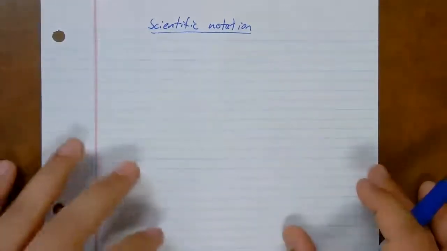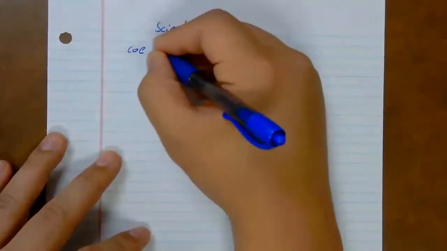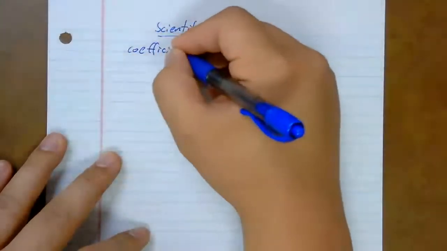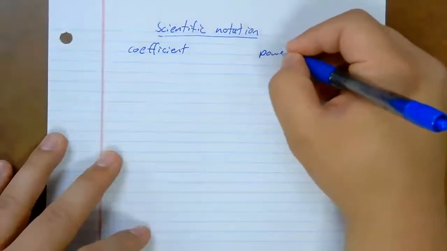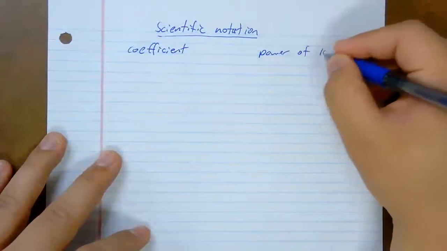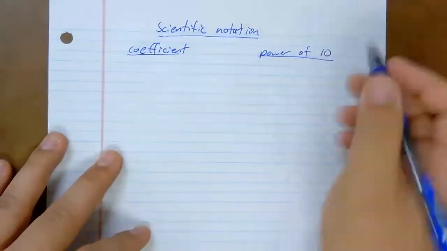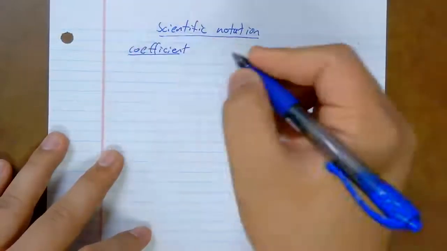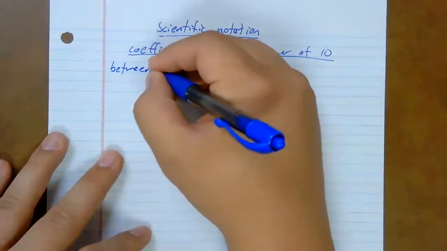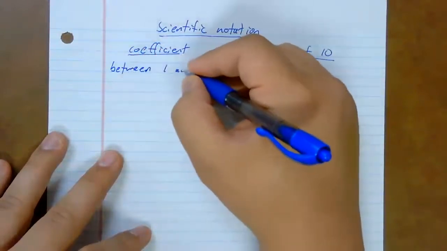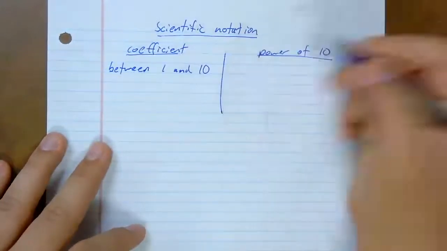Okay. There are two elements to scientific notation. There's the coefficient and there's a power of 10. The coefficient must be between 1 and 10.